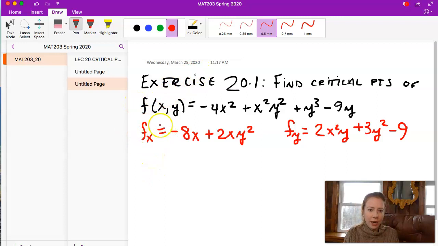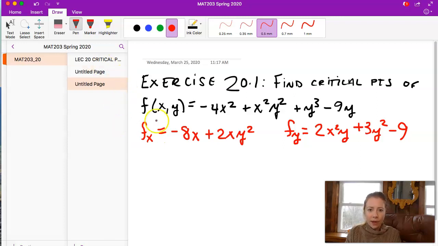So what we're going to do is start by finding the roots of our derivative with respect to y, and with respect to x. It doesn't matter which order you do this in, just be strategic. I would recommend starting with the component that is most easily factorable.